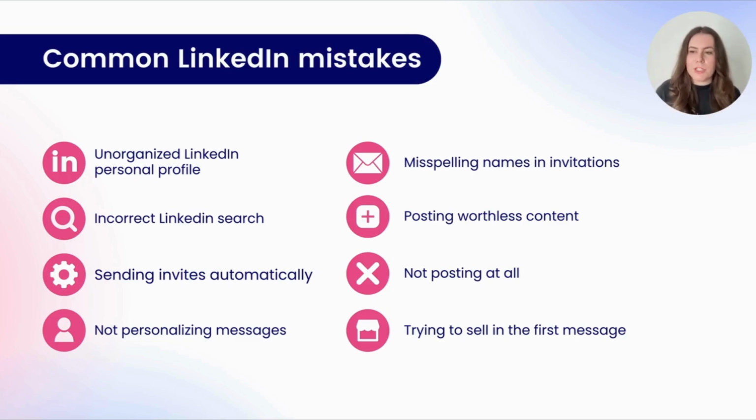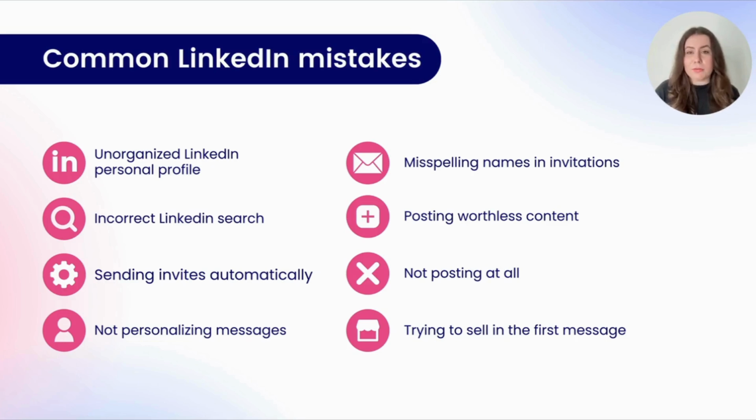Not personalizing messages. If you're reaching out to somebody to be a part of your network, try to be as personal as possible because that's what people like. Misspelling names in invitations, try to avoid that. Sometimes it can be a conversation starter in a fun way, but otherwise, you can appear as not really looking into somebody's profile. Posting content which is not really valuable is a big mistake because people will quickly get bored of it.